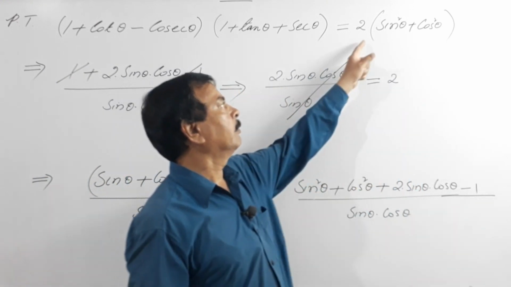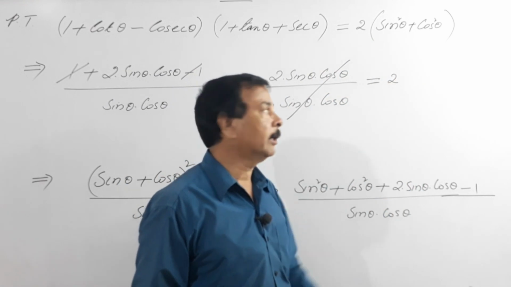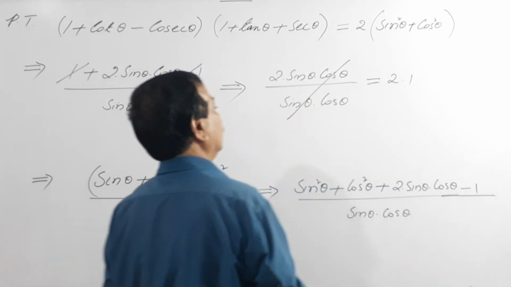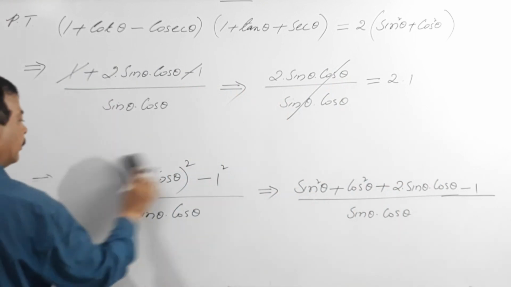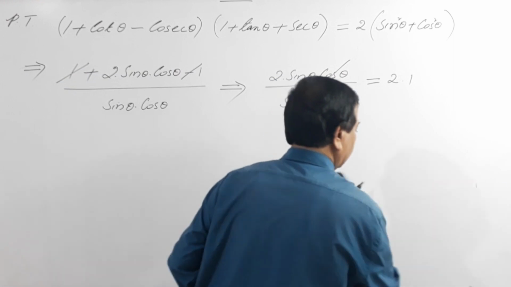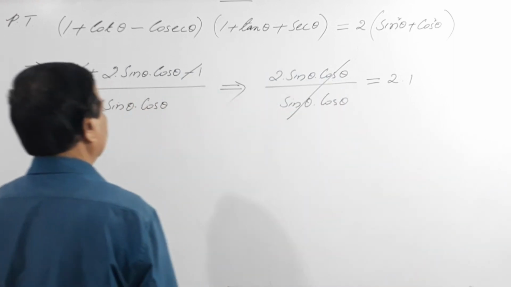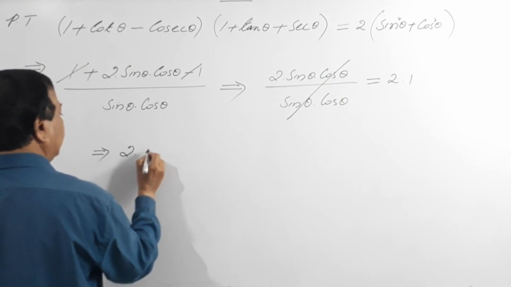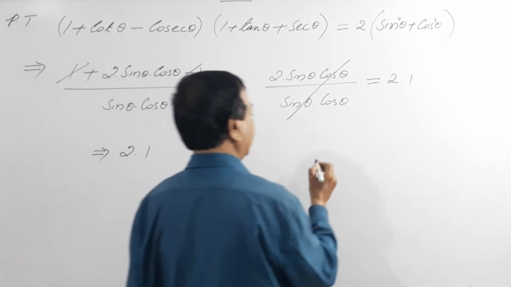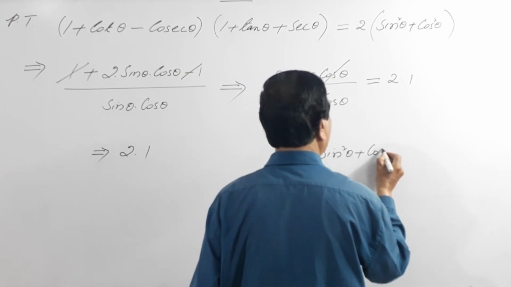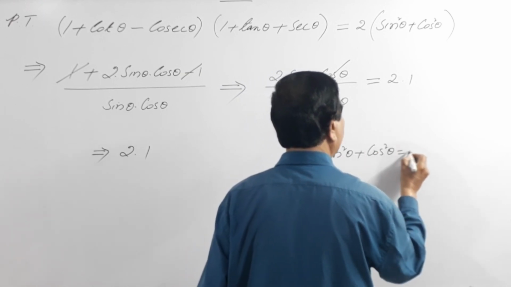But what he wants is 2 into sin square theta plus cos square theta. So this is 2 into 1. We know that sin square theta plus cos square theta equals 1.